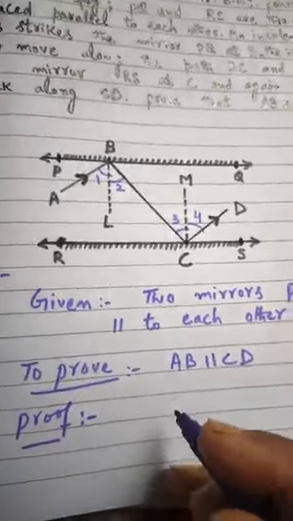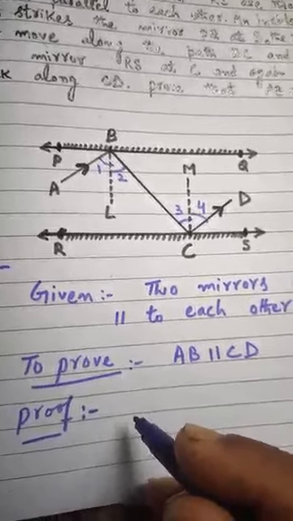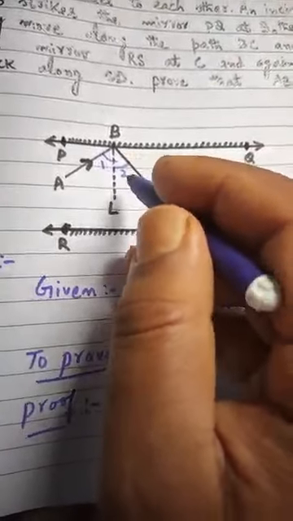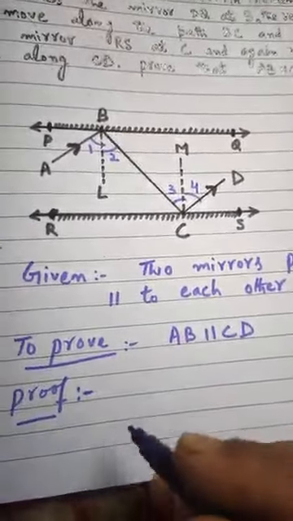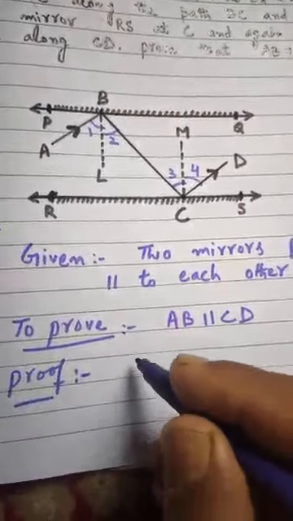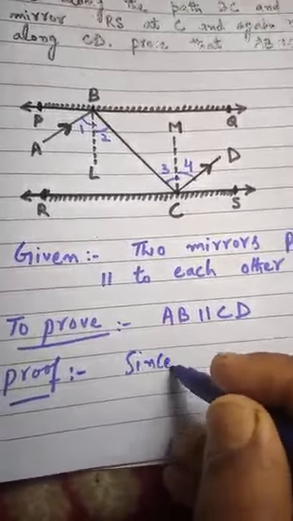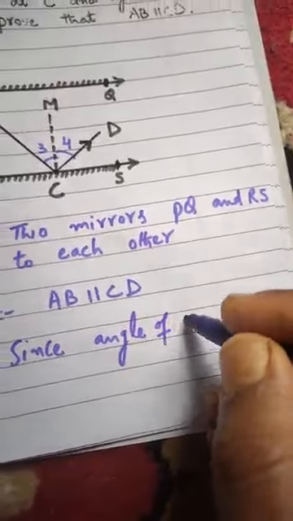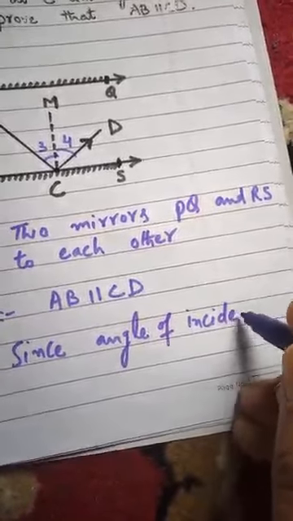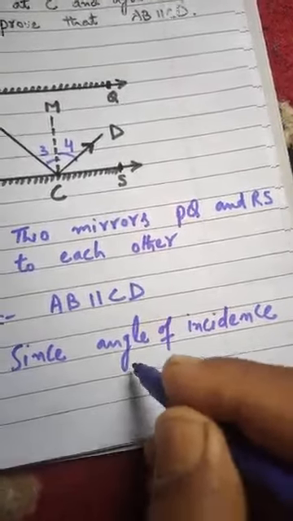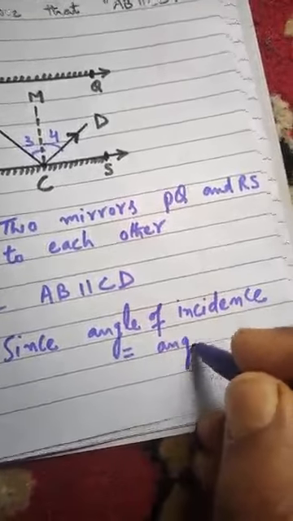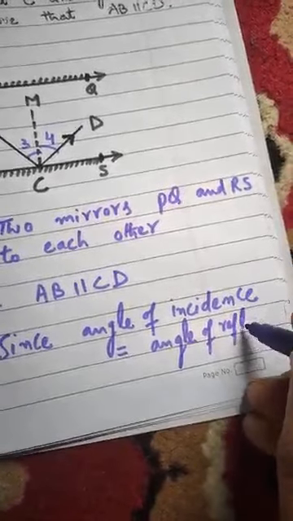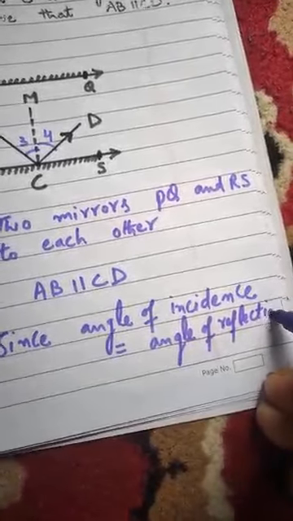So now we will write here that angle 1 is equal to angle 2 because the angle of incidence is equal to the angle of reflection.